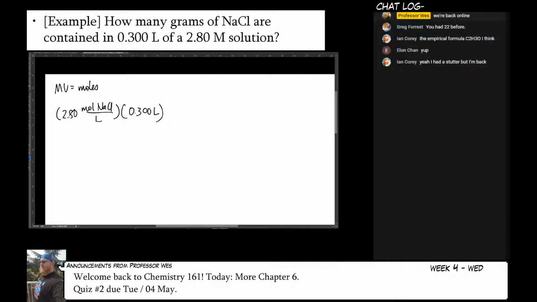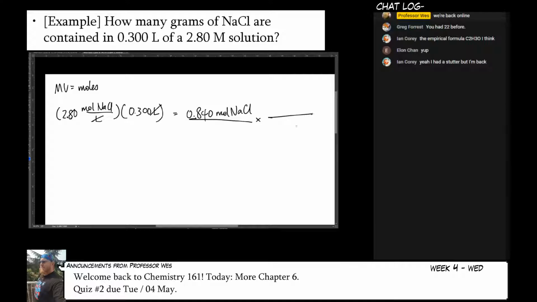I'm trying to make this decimal point look a little more obvious. There we go. And of course, I draw over the decimal. Okay. And if I have this many moles, how do I get grams out of it?